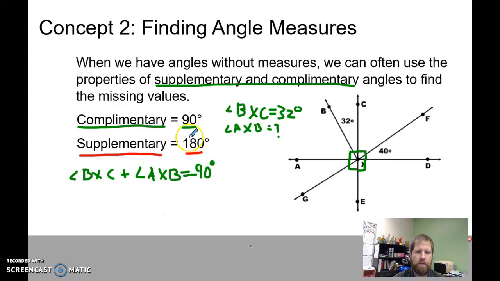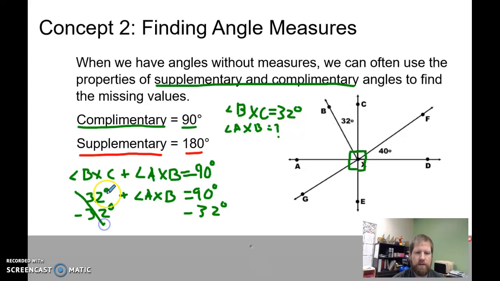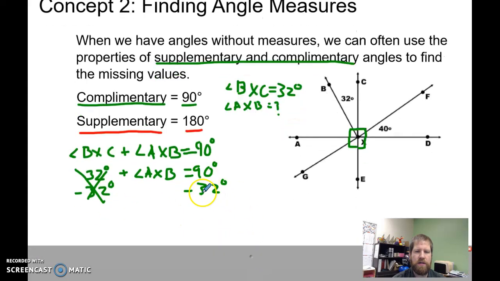So, if I know BXC is 32 degrees, plus angle AXB is equal to 90, I can solve for this missing angle just by subtracting that 32 degrees from 90. 90 minus 32 should be 58 degrees, which should be equal to AXB.